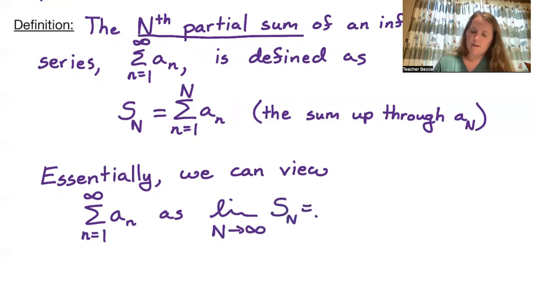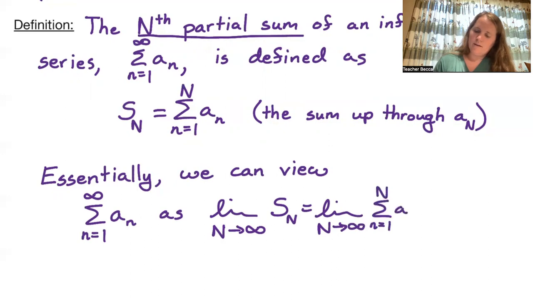In other words, the limit as N goes to infinity of the sum from lowercase n equals 1 to capital N of a sub n. So we can use the limit of our partial sums to determine whether or not the limit exists, and go from there.